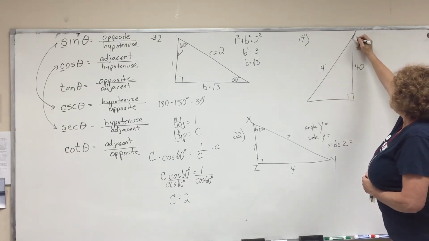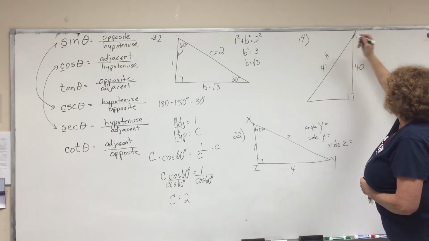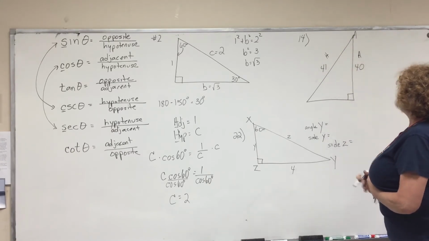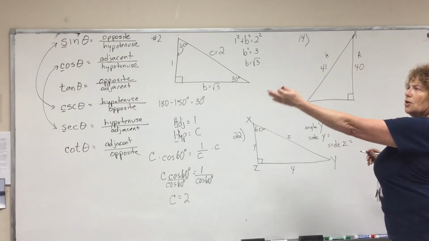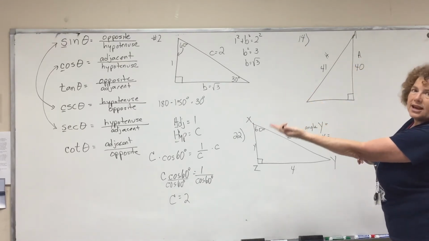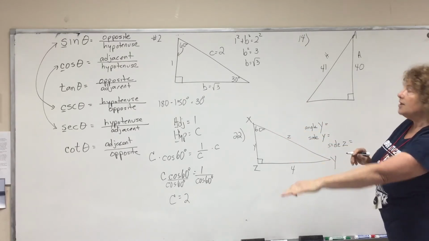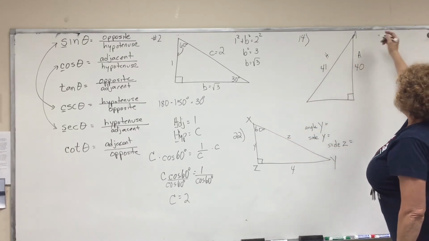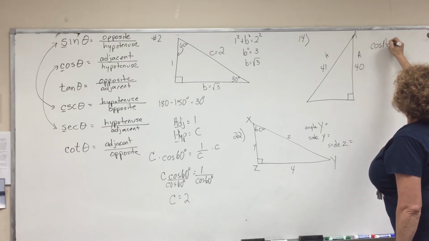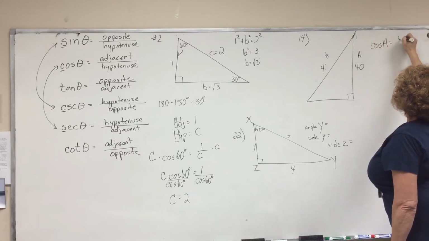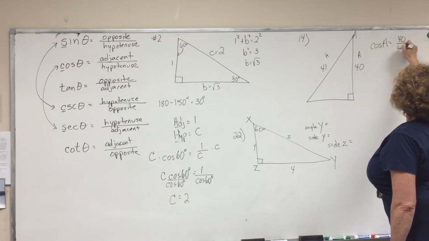So we are given the hypotenuse and the adjacent. So again, adjacent and hypotenuse. Look over in the list and stick with just sine, cosine, and tangent because they're the ones on your calculator. So we can say the cosine of A equals adjacent over hypotenuse.